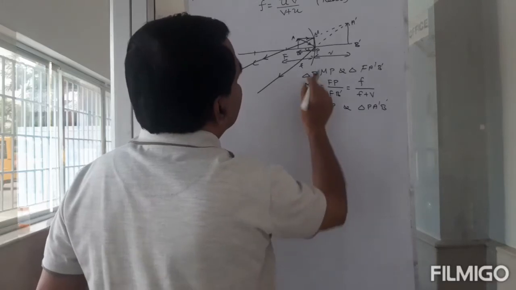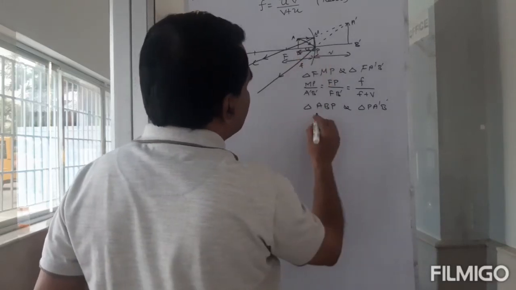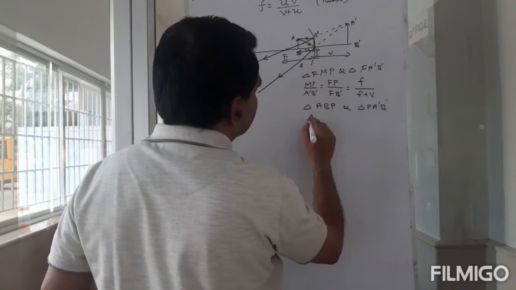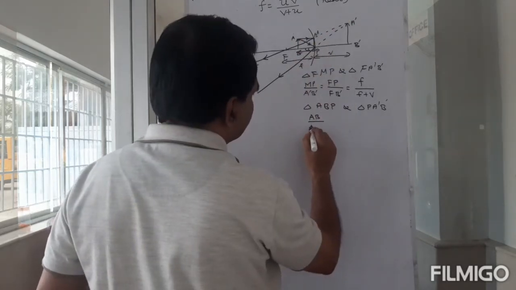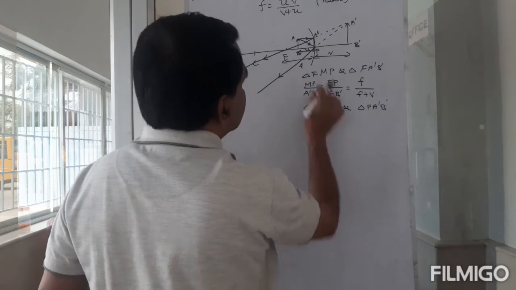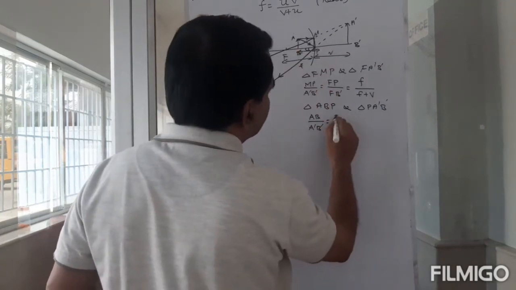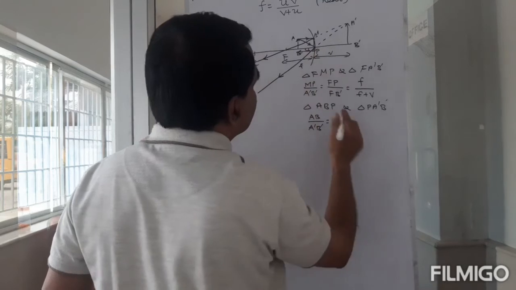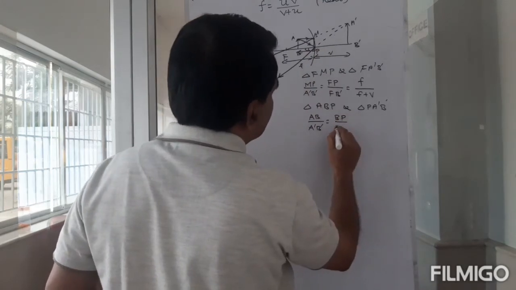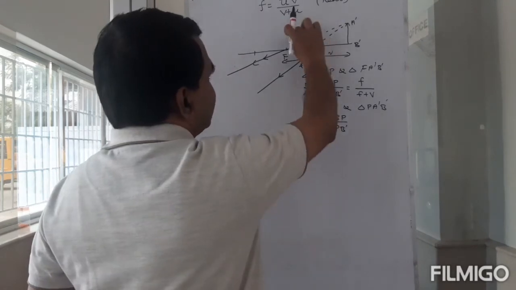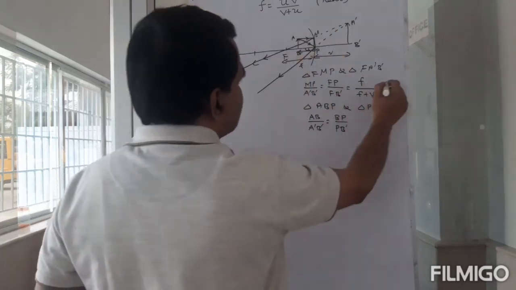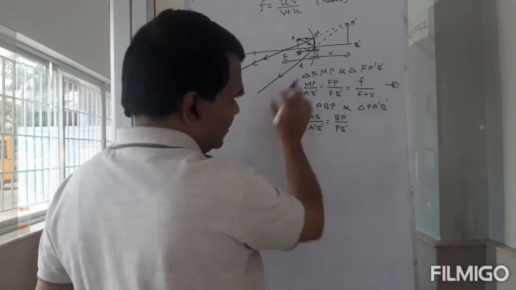Anyway, so here again AB divided by A dash B dash is equal to BP divided by PB dash. AB and MP are the same, so this equation 1 and this equation 2 will be the same.